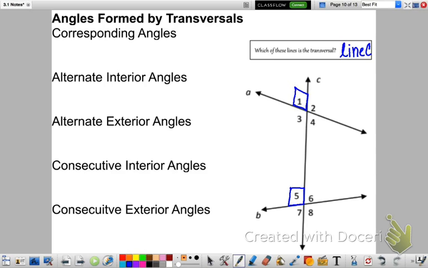So that means angle 1 and angle 5 would be corresponding angles. Angle 2 would correspond with angle 6. Angle 3 would correspond with angle 7. And then angle 4 would correspond with angle 8.